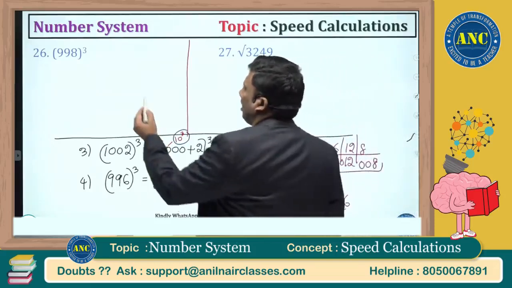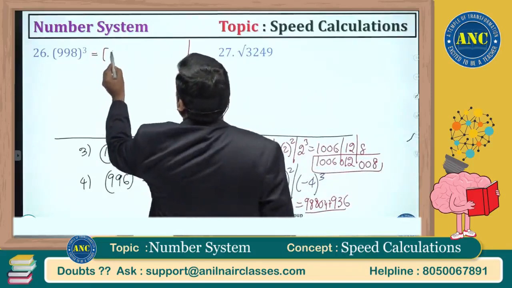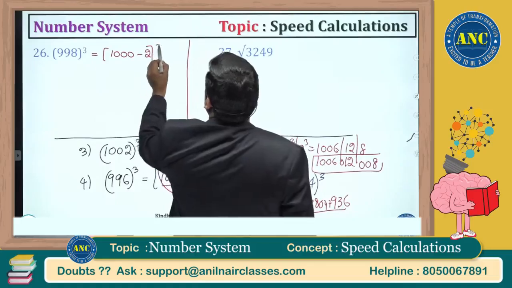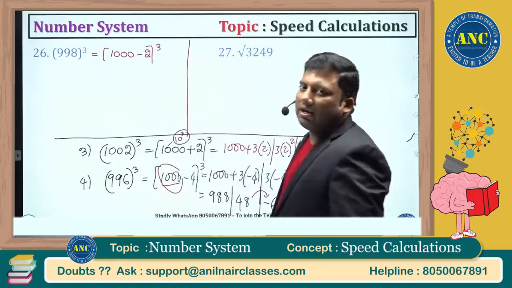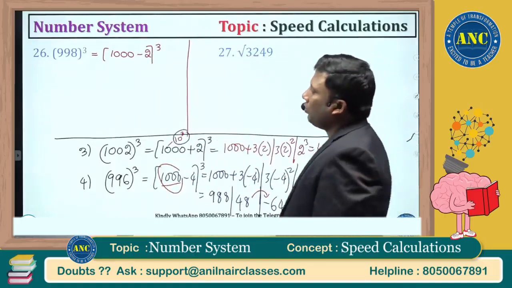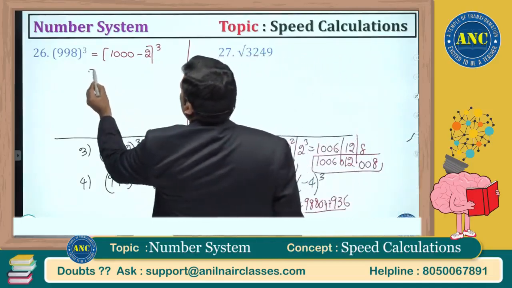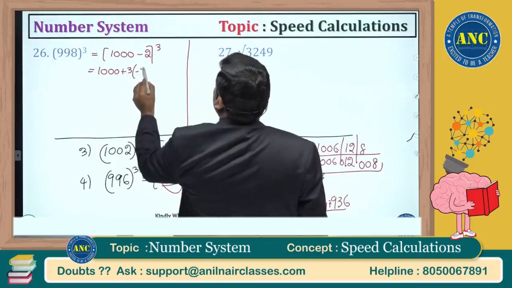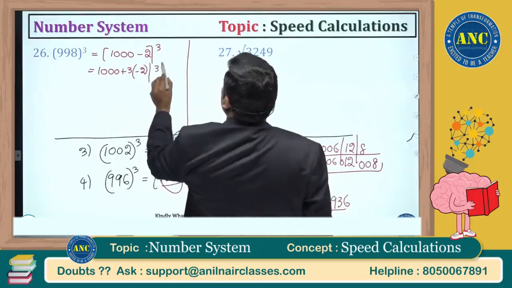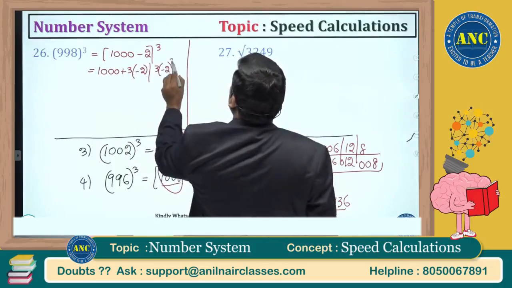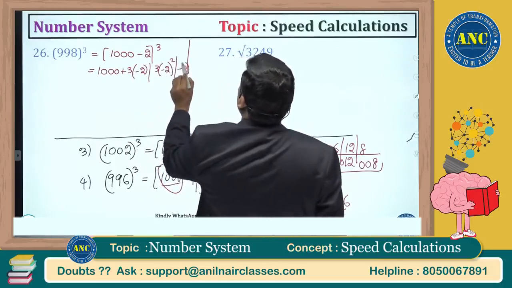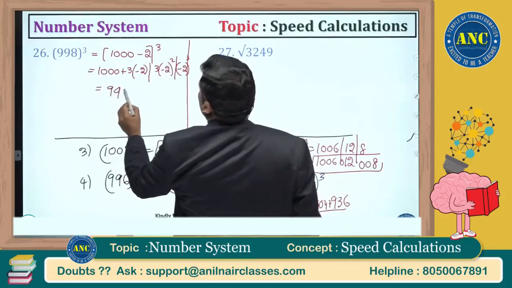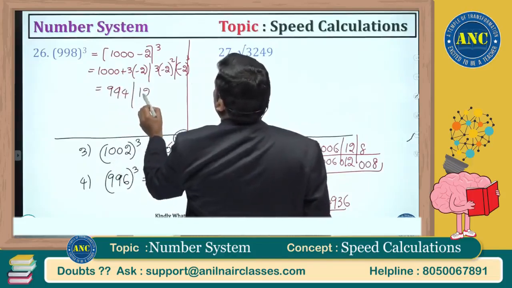Now once you understand this one, I think this question is also very easy to solve. 998 whole cube is 1000 minus 2 power 3. So these are defined as b cube, next 3 b square x, next 3 b x square, and the next one is x cube. 1000 minus 6 is 994. 4 3s are 12.